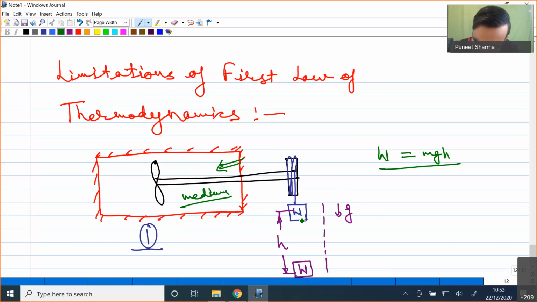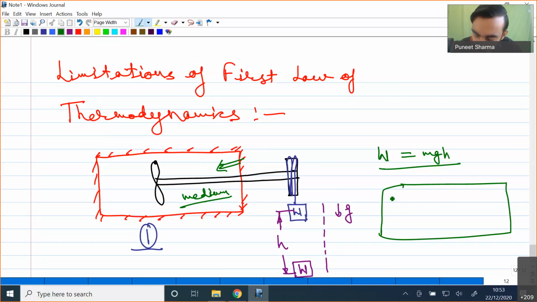So once our weight has moved through height h, in our final state we will be having an increase in internal energy content of this control volume. When we have an increase in internal energy content, our state will be something else, state number 2.